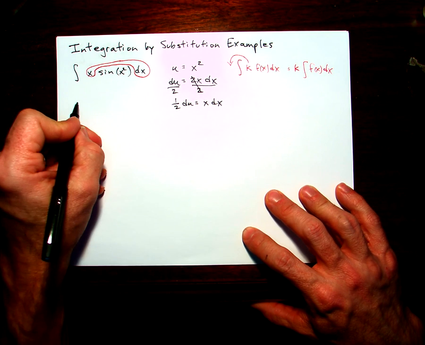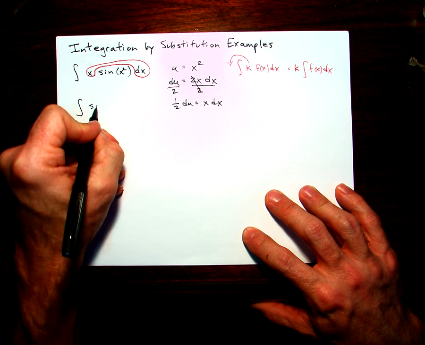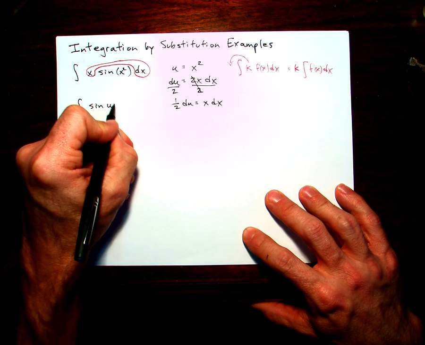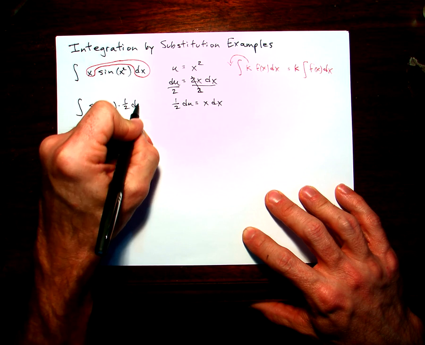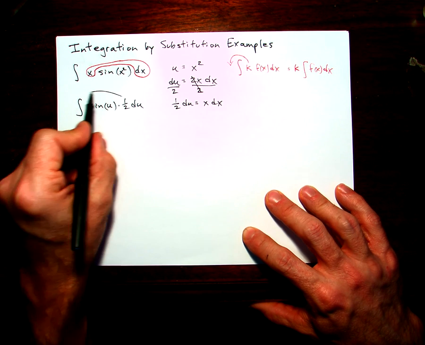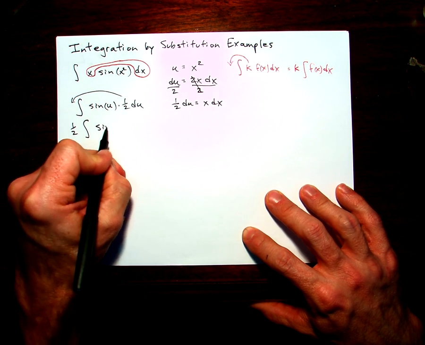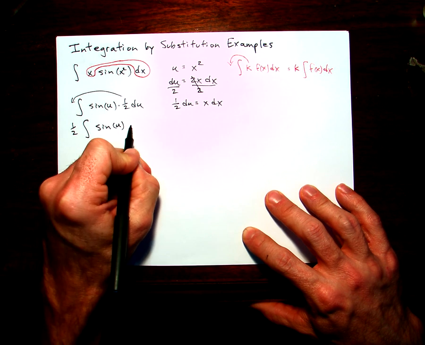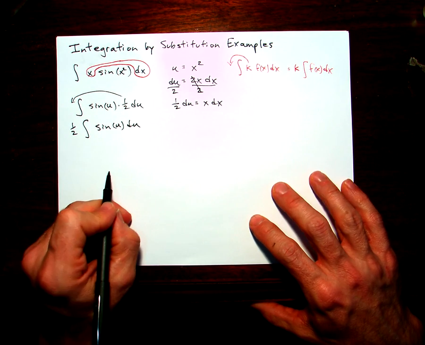And I already said that u is going to be x squared, so what I'm going to end up with is the integral of sine u times 1/2 du. Now I'm going to take that constant out front, so I'm going to have 1/2 integral sine of u du. Again, a straightforward basic antiderivative.